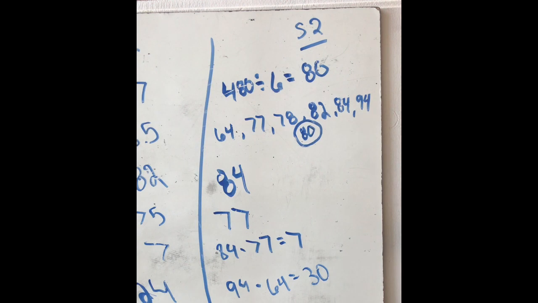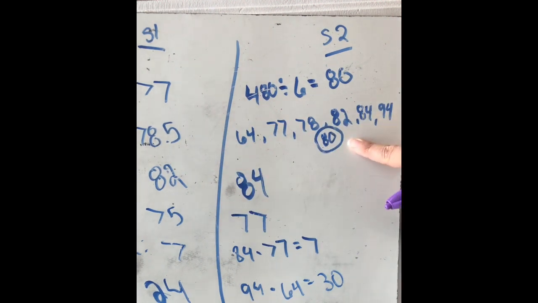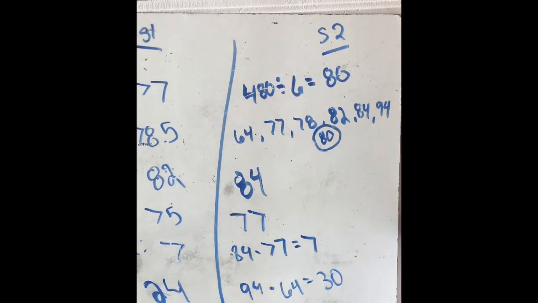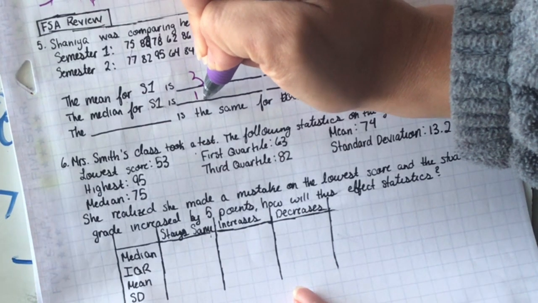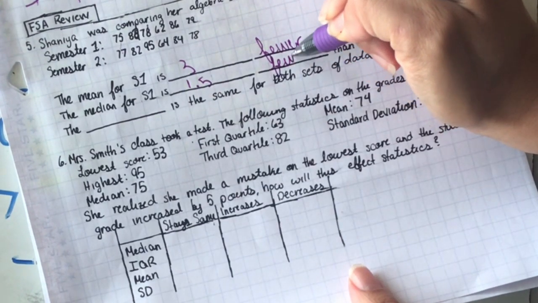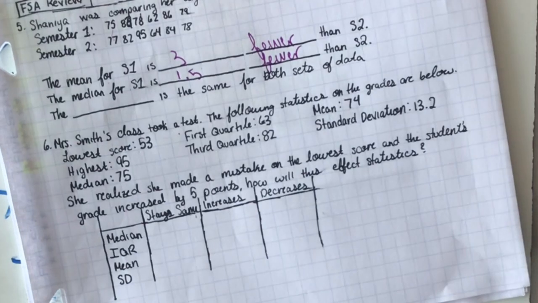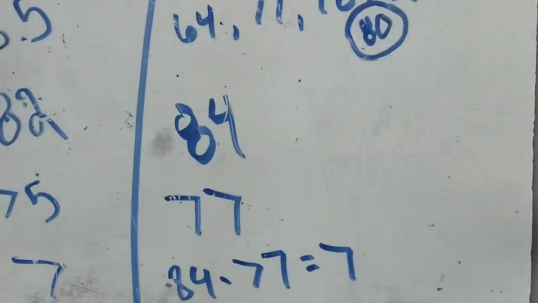The median for semester 1 is 78.5, semester 2 is 80. So the median for semester 1 is 1.5 fewer than semester 2.